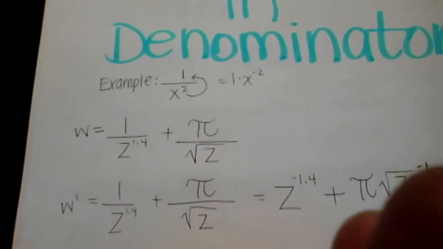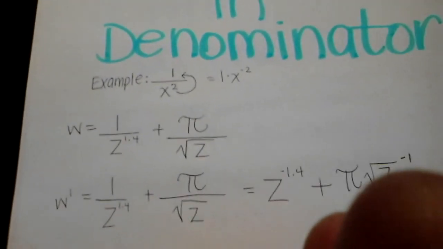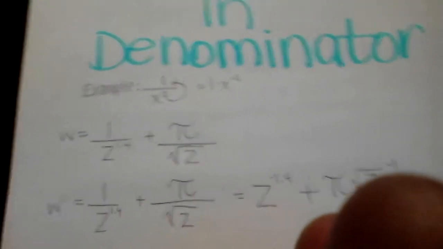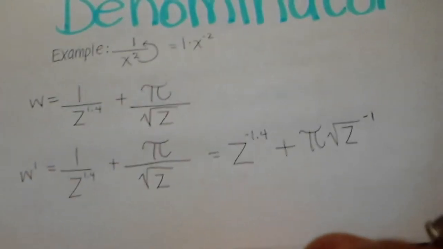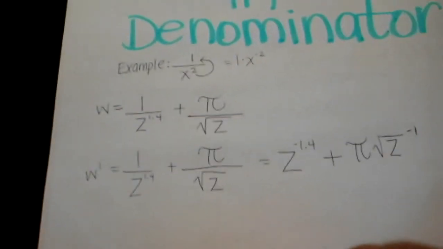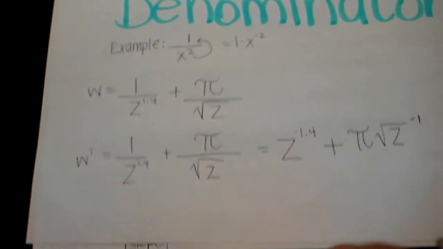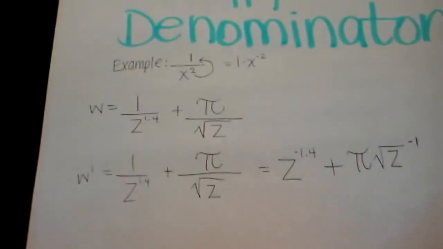So here's problem number 4. W equals 1 over z to the 1/4 power plus pi over the square root of z. Now we're going to prime W, and we're going to start this equation.